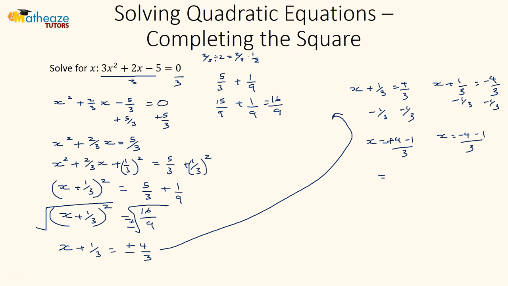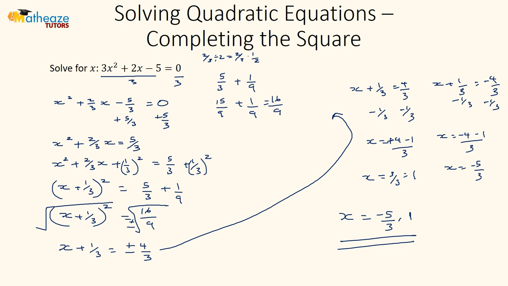So this is going to give us, here x is 3 over 3, which is equal to 1, and here x is negative 5 over 3. So the values of x for this equation are negative 5 over 3 and 1.